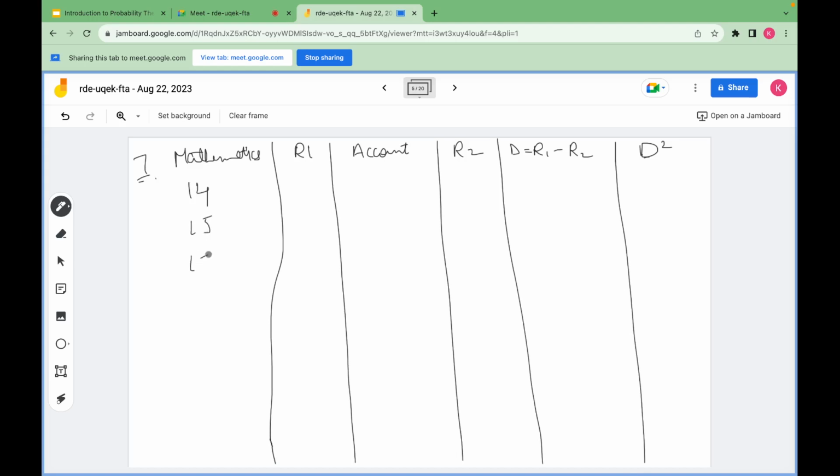We are given these values: 14, 15, 17, 12, 16.